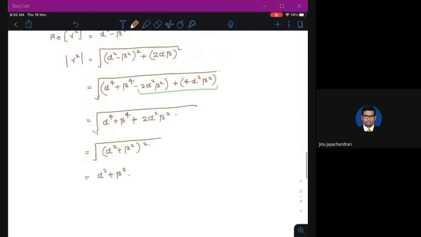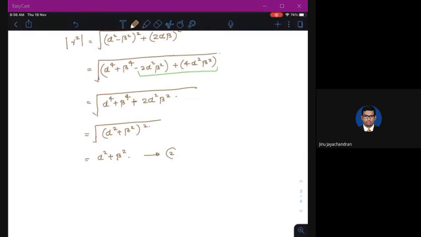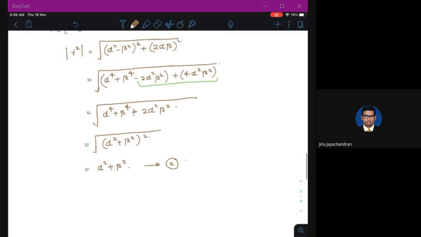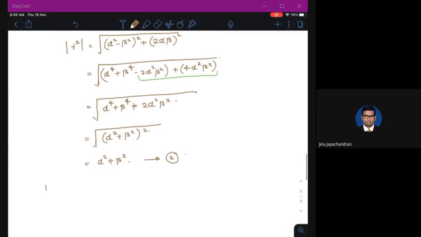Let's say this is equation number 1 and this is equation number 2. Equation number 1 says the real part of gamma square is alpha square minus beta square. Equation number 2 says the magnitude of gamma square is alpha square plus beta square. Now let's simply add 1 plus 2, that is 2 alpha square.